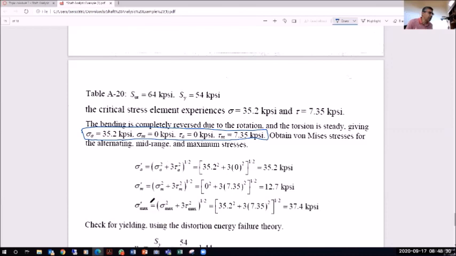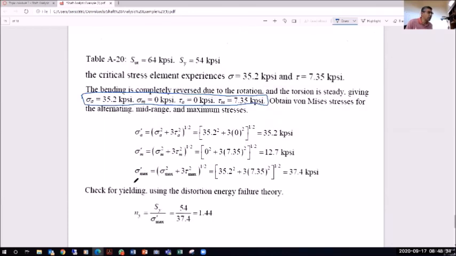Now, for fatigue, I would need the sigma prime A and sigma prime M to find a fatigue factor. But we also have to check for yield. And this is the sigma prime max that I'm going to use to find the yield design factor, which, if I apply the distortion energy theory, is just Sy, the yield strength, divided by sigma prime max. So this is how we came up with this number.